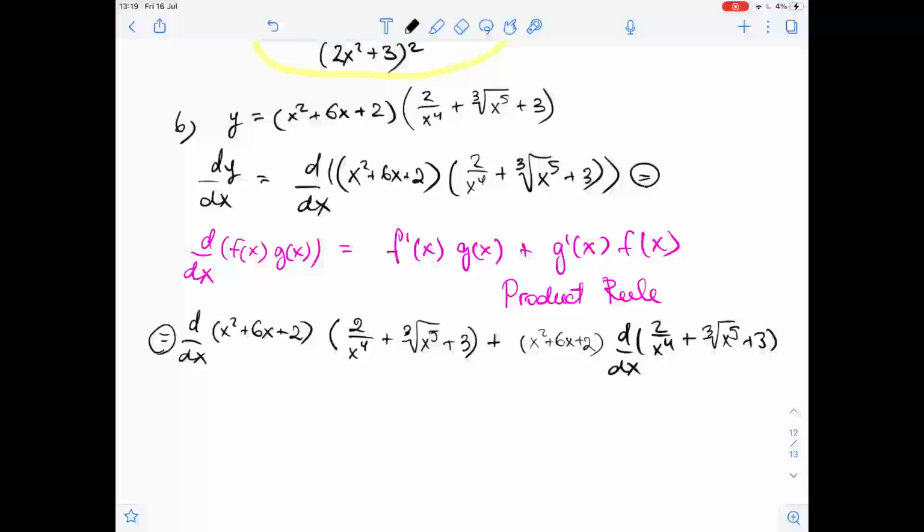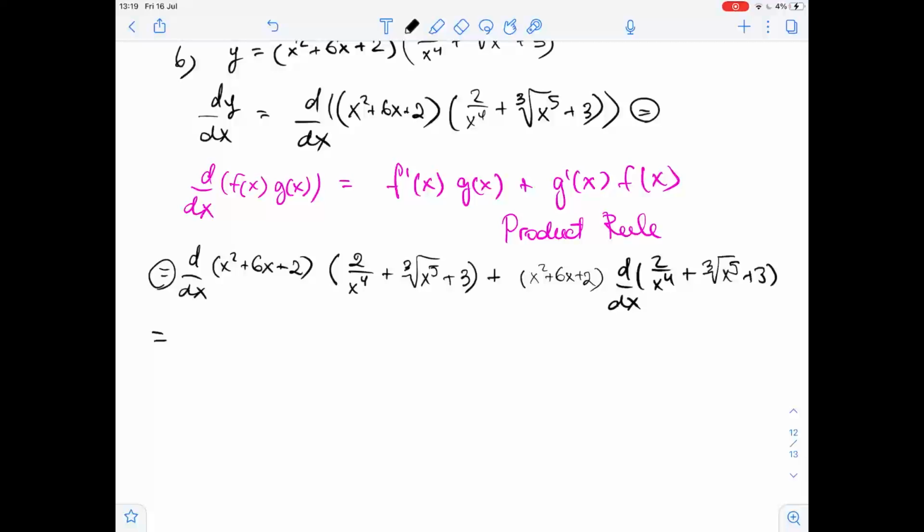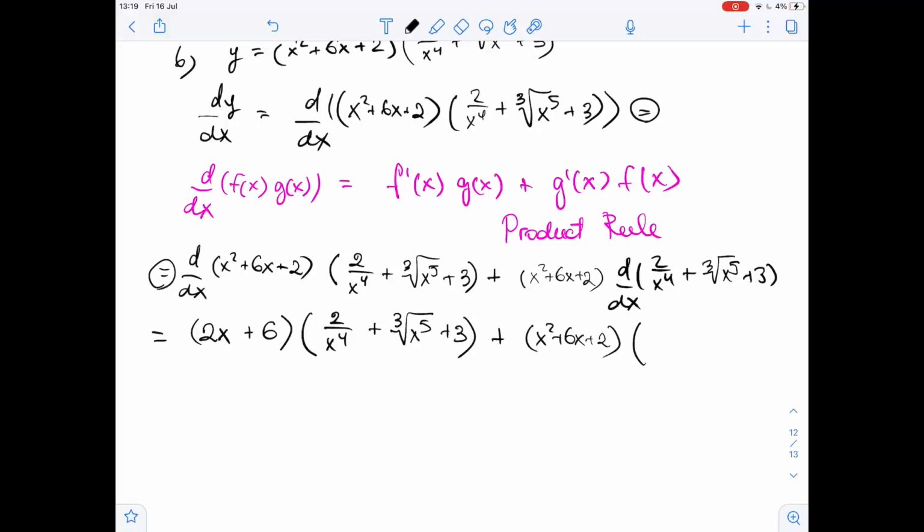Well, let's try to simplify this. So here we get 2x plus 6 times 2 over x to the fourth power plus the cube root of x to the fifth power plus 3, plus x squared plus 6x plus 2 multiplied by, so here we get negative 8 over x to the fifth power plus 5/3 times x to the power of 2/3 plus 0.